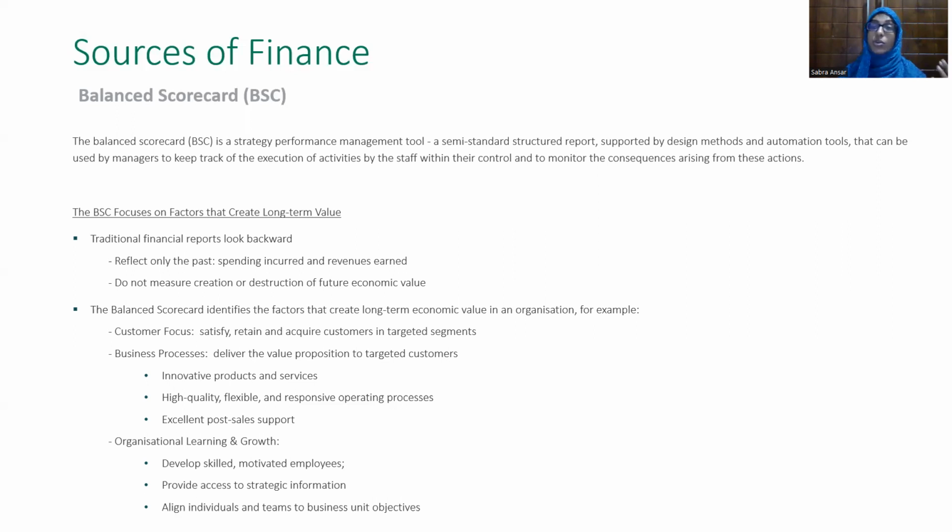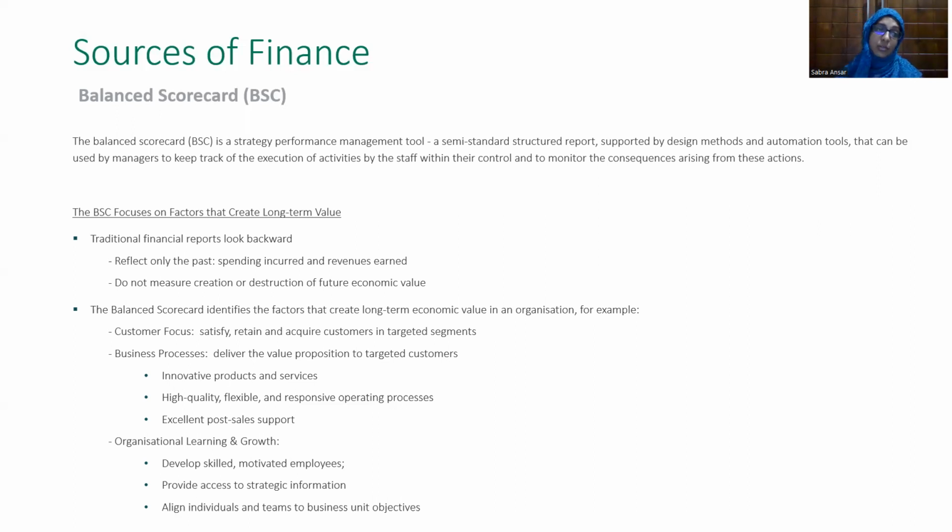The balanced scorecard identifies the factors that create long-term economic value in an organization. For example, the customer focus includes satisfying and retaining the acquired customers in target segments.